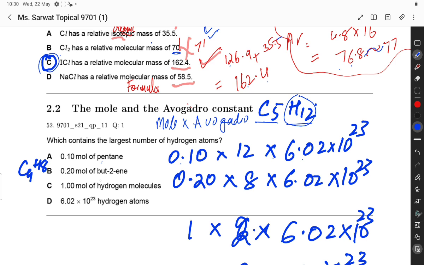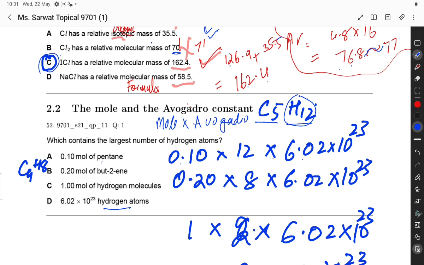Butene is C4H8, so 0.20 into 8 into 6.02 into 10 raised to 23. Similarly, hydrogen atoms: hydrogen molecule is H2, so 1 into 2 into 6.02 into 10 raised to 23.